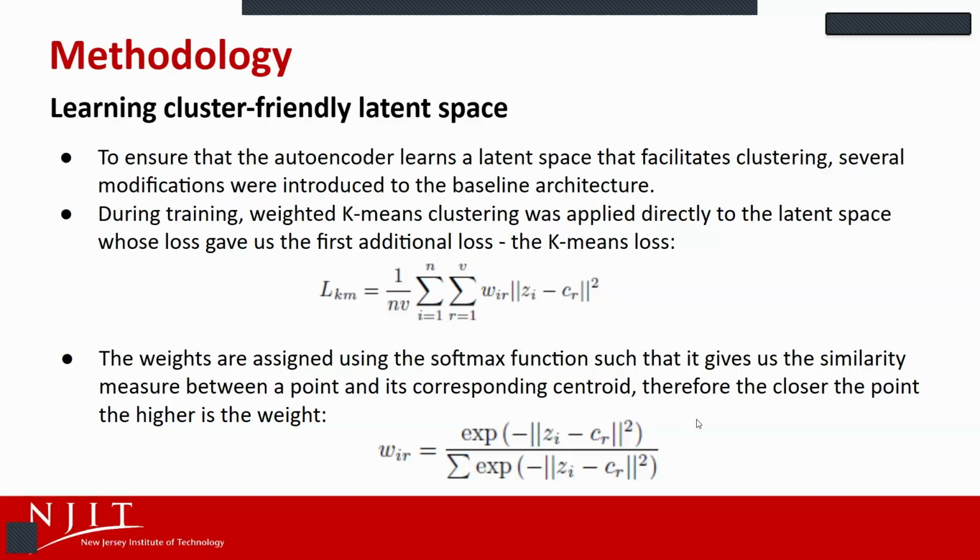The weights were assigned using the softmax function such that it gives us the similarity measured between a point and its corresponding centroid. Therefore, the closer the point is, the higher the weight is, as we can see here.